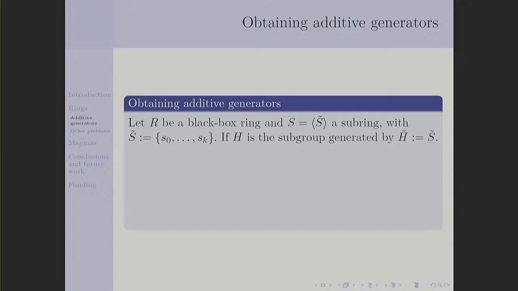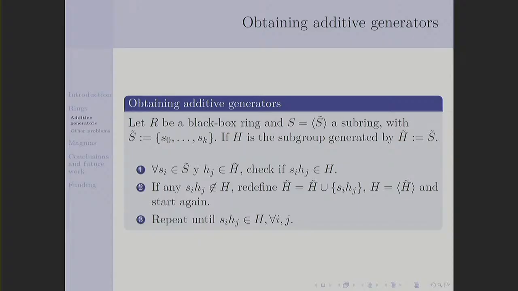So the solution is this. We start with a subgroup H, which is the abelian subgroup generated by the original generators of the subring S. It's smaller because it doesn't have products, but it will grow until reaching S.